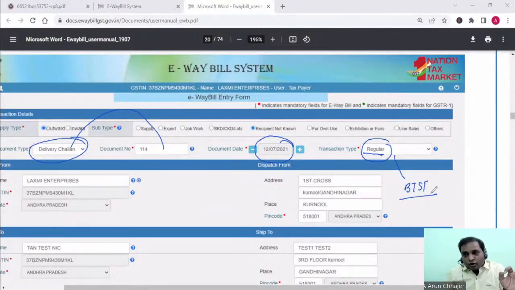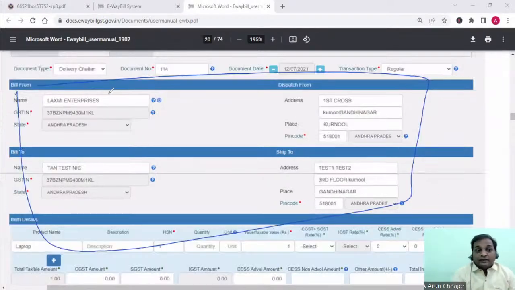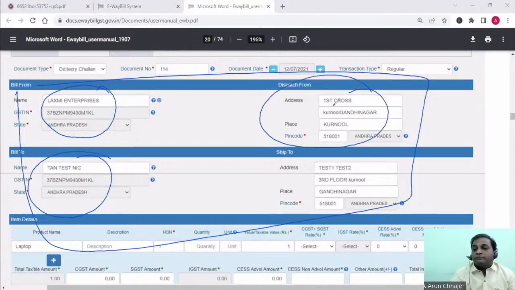What is the bill to ship to model? We will explain with the help of the practical example given in your ICAI study material. Then you will write, please, bill from means supplier, bill to means customer, dispatch from means starting location, and ship to means delivery location.